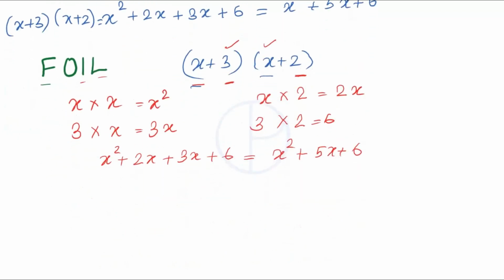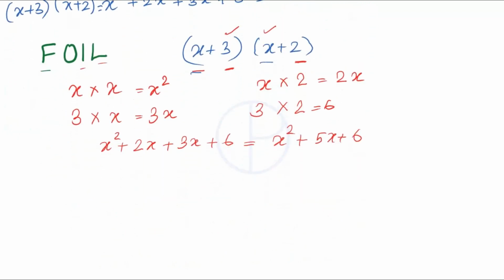Let's do one more example. (2x minus 1) multiplied by (x plus 4). So in FOIL, F represents the first. So multiply the first terms of each bracket.